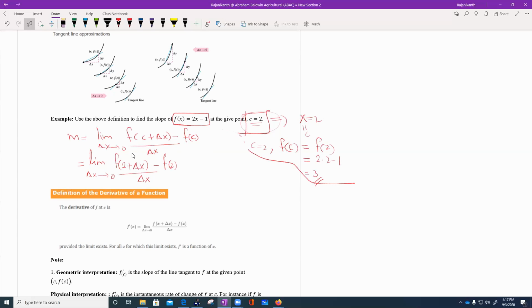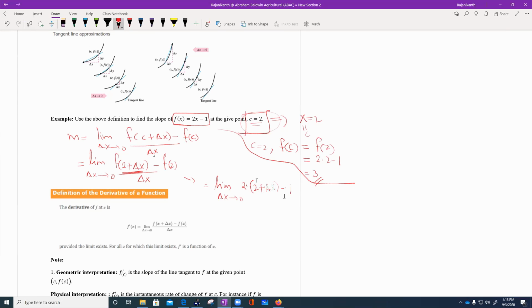I need more space, so let me write down here. This is going to be the limit as delta x goes to 0. How do you find f of 2 plus delta x? Simply take the f(x) function and plug in 2 plus delta x for x. So f(x) is 2 times, in place of x, 2 plus delta x, then subtract 1.